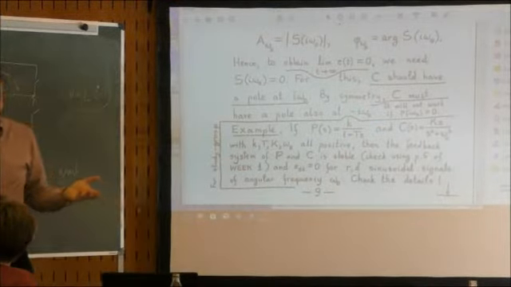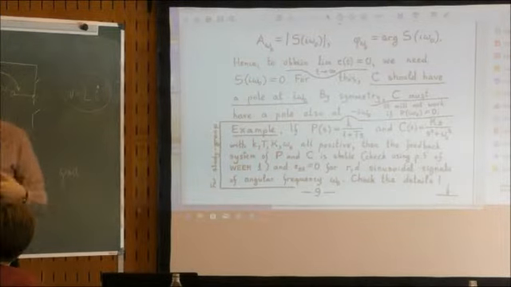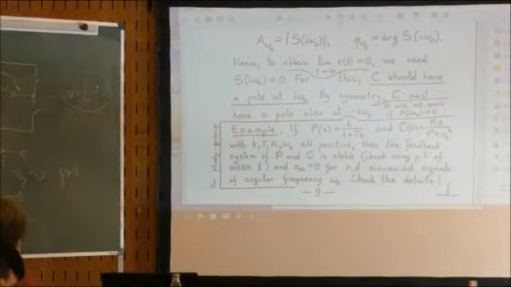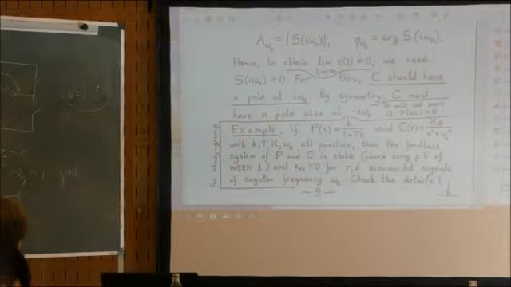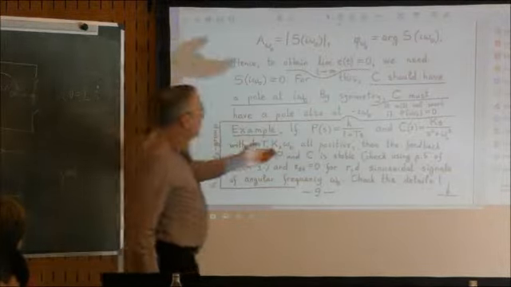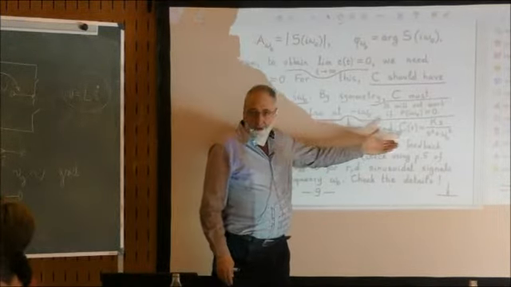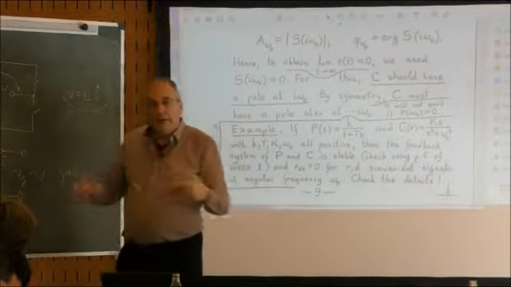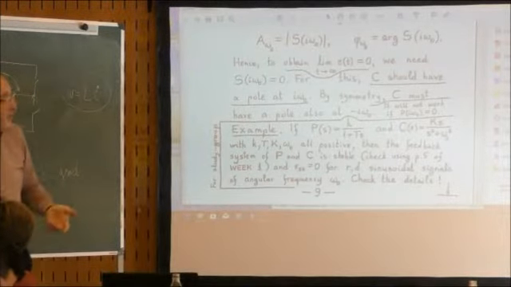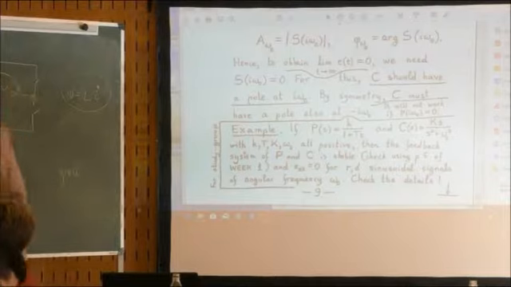It's an easy exercise based on the proposition which we did: you have to compute the sensitivity, check that the sensitivity is stable, and that there are no unstable pole zero cancellations. When you look, it is obvious that there are no unstable pole zero cancellations, so you only have to check that the sensitivity is stable, and that's very easy to check.